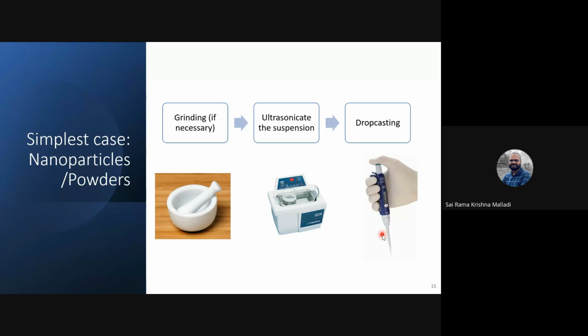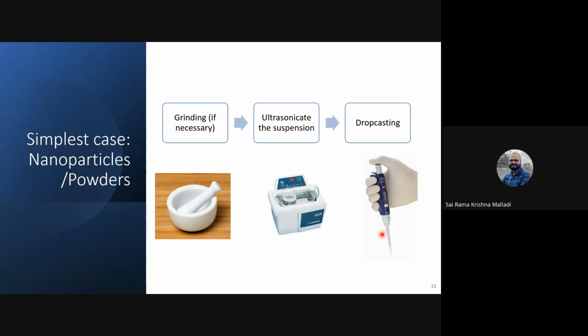There is something called a TEM grid. When I show you an example of a specimen holder, I'll show you. Essentially, you have a very thin, electron transparent carbon membrane on top of which you can drop cast these nanoparticles, whatever you prepare, and then you can put it into an electron microscope and see the sample inside the microscope.